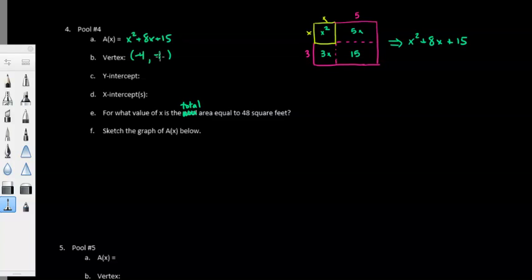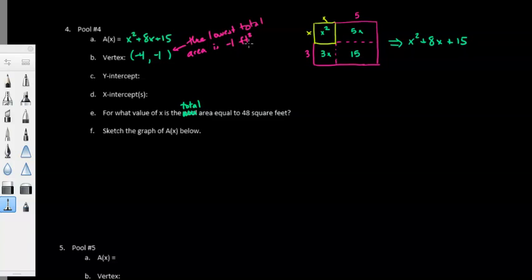And what this means, in terms of making sense of this problem from a real world standpoint, is that according to our function, the lowest or the minimum total area is -1, we'll say square feet. We'll assume that we're doing this in feet.